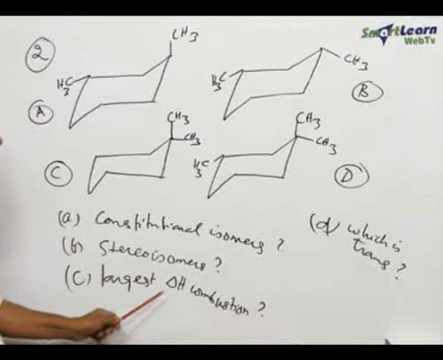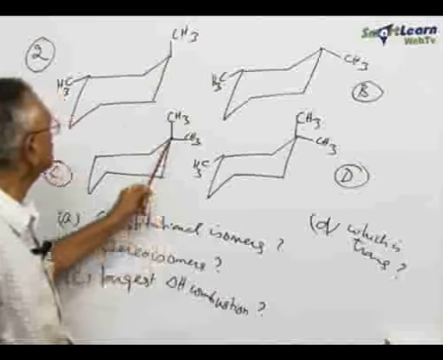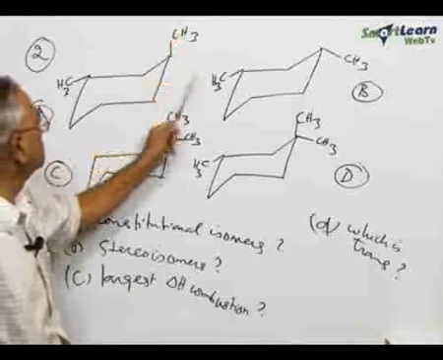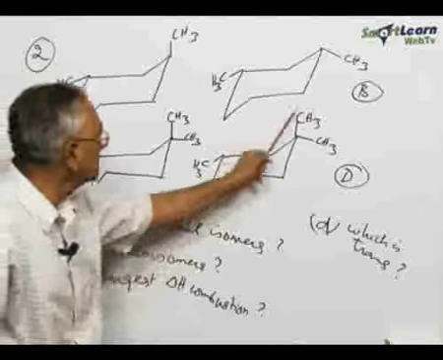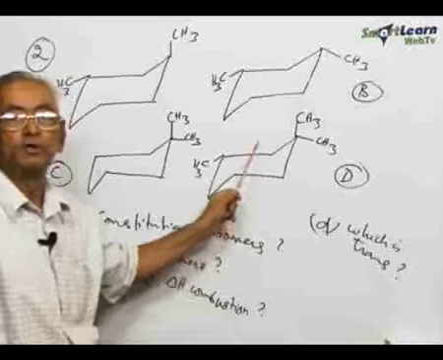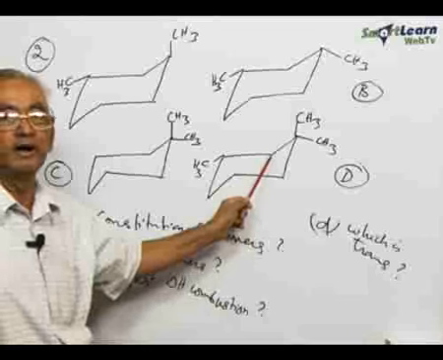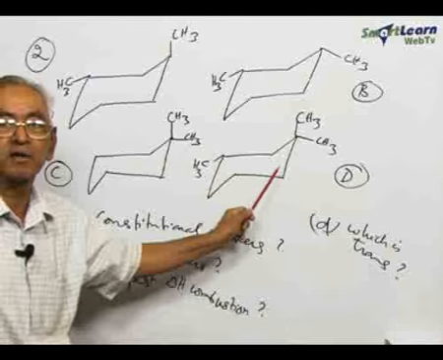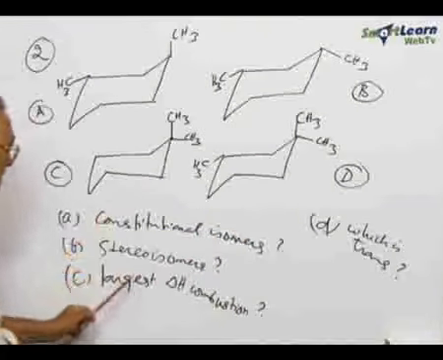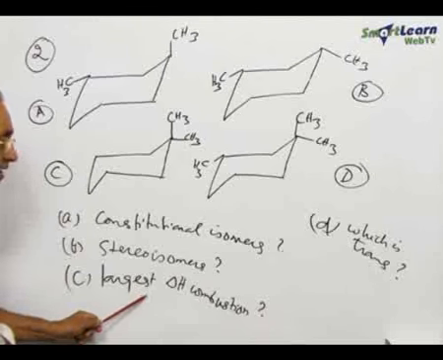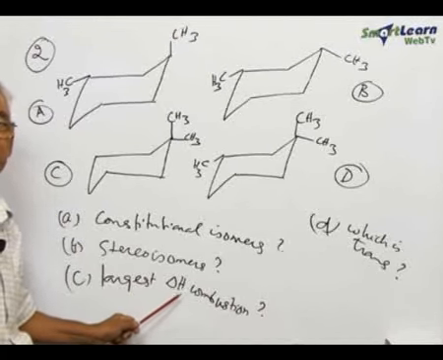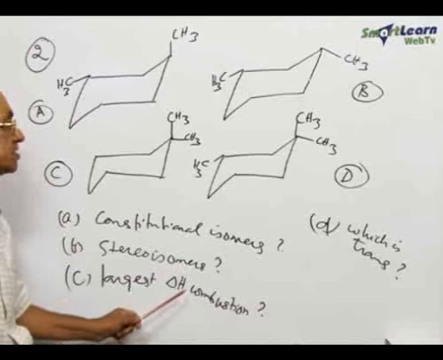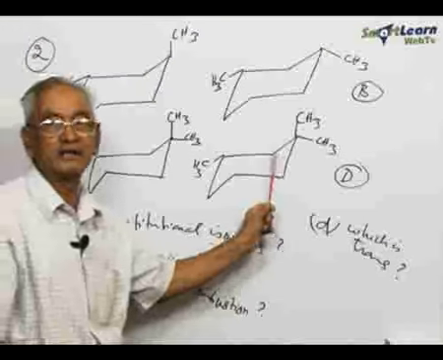D has the most, because in all the other cases the same cyclohexane ring has only two methyl groups, whereas here we have three, so the molecular weight is up by 15 units. Therefore D has the highest heat of combustion.